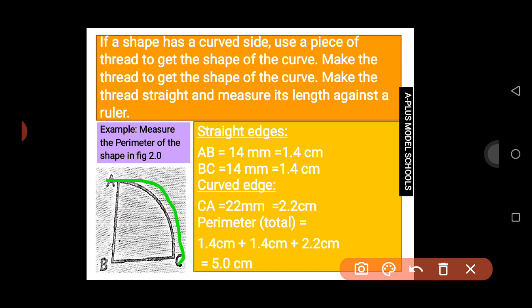Then the perimeter will now be AB, which is 1.4, plus BC, which is 1.4, plus AC, which is 2.2, which will now give us 4 plus 4 here 8, 8 plus 2 is 10, 0, remainder 1, 1 plus 1 is 2, 2 plus 2 is 4, plus the remainder, making 5 centimeters. I hope you are getting what I'm doing.